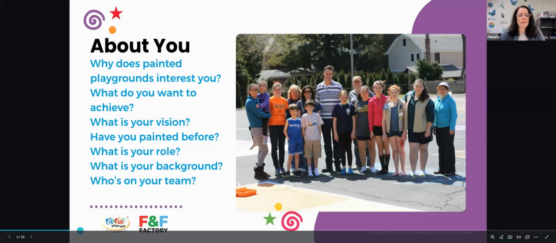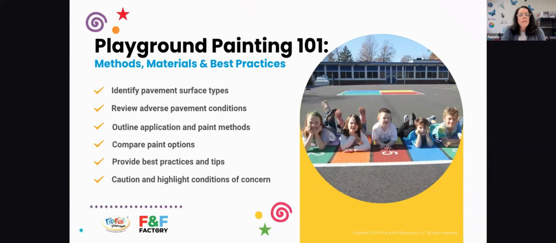Next one, perfect. So these are the topics we're going to be covering. We're going to be starting with identifying pavement surface types. I know that sounds very exciting, but it is important. We're going to review some adverse pavement conditions, very exciting as well.